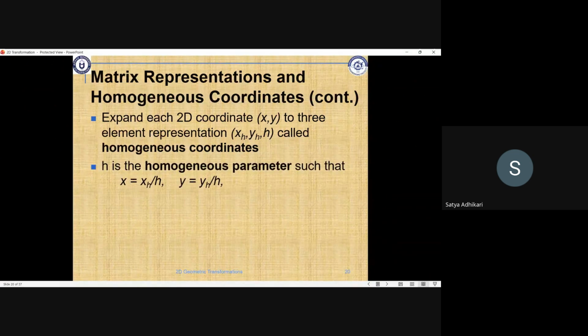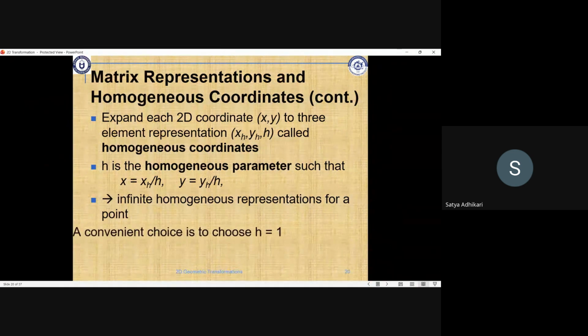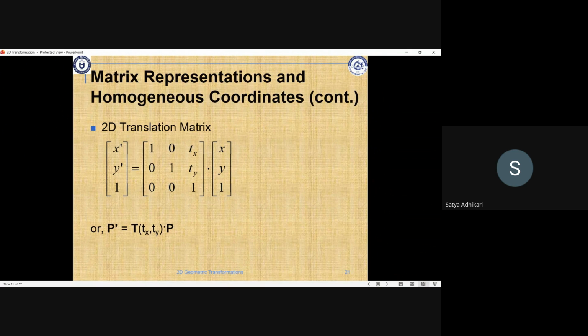And h is the homogeneous parameter such that x equals xh by h and y equals yh by h. There is an infinite number of homogeneous representations for a point, so a convenient choice is to choose h equal to 1. If you take h equal to 1, then x becomes xh and y becomes yh. You see here.